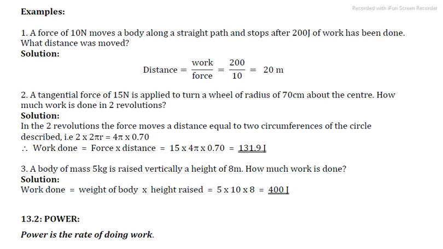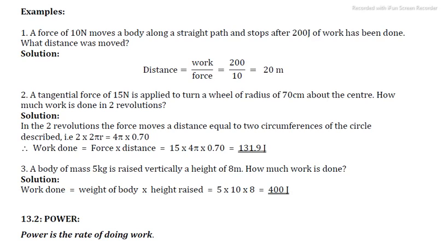Example 3 says that a body of mass 5 kilograms is released vertically at a height of 80 meters. They want us to find how much work is done. So you see that example 3 is a bit different because we are talking about vertical motion.